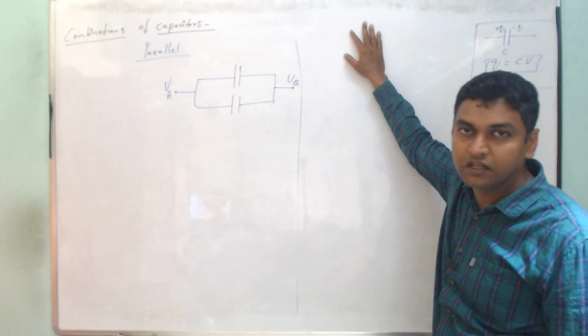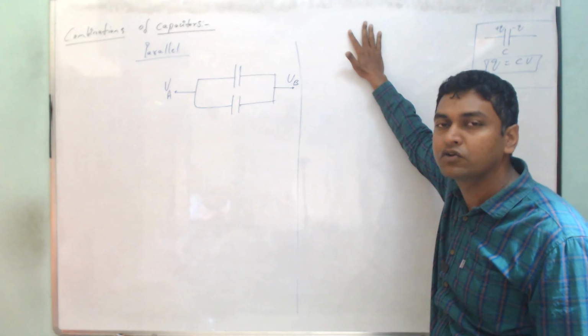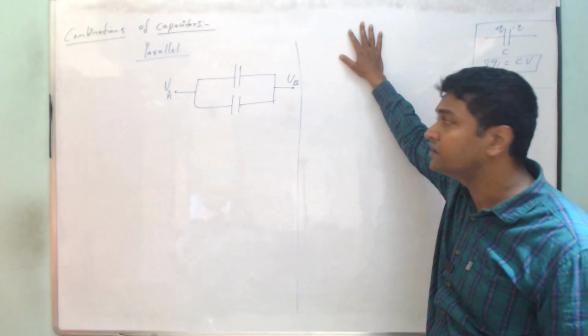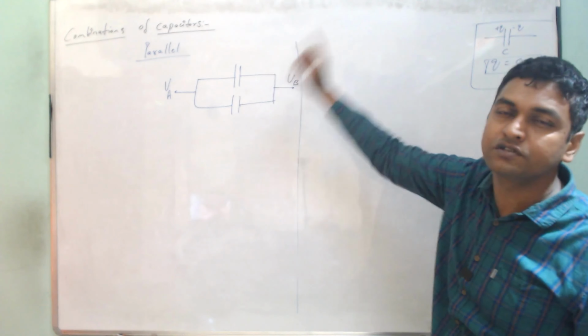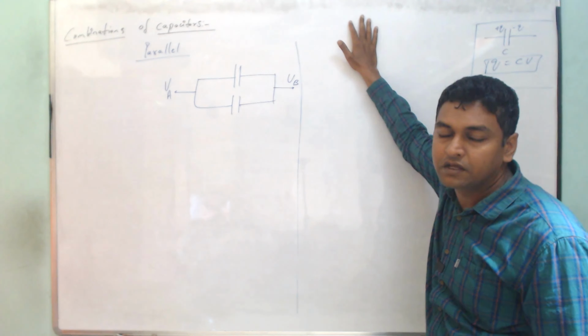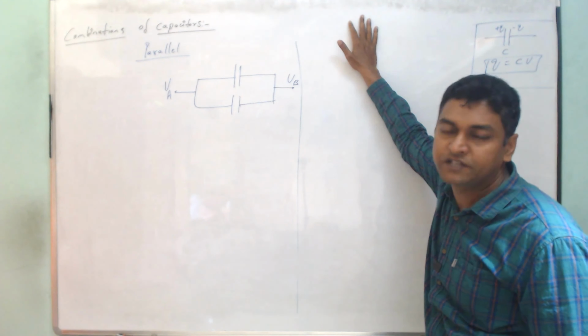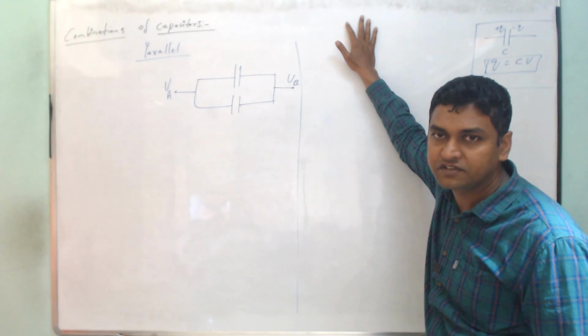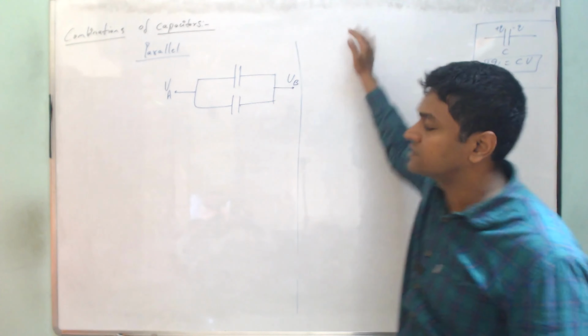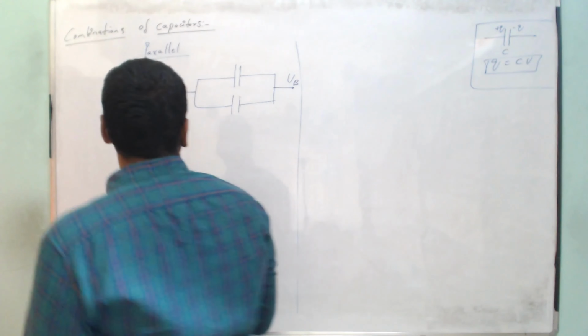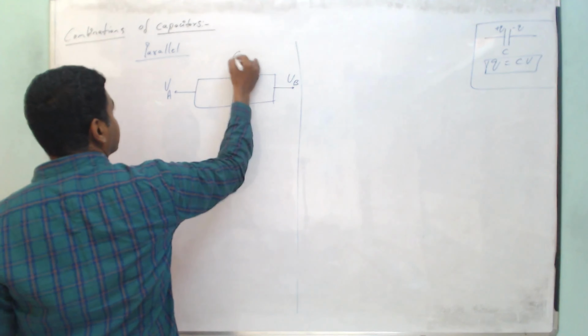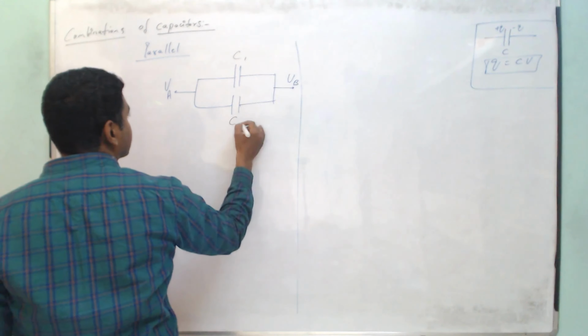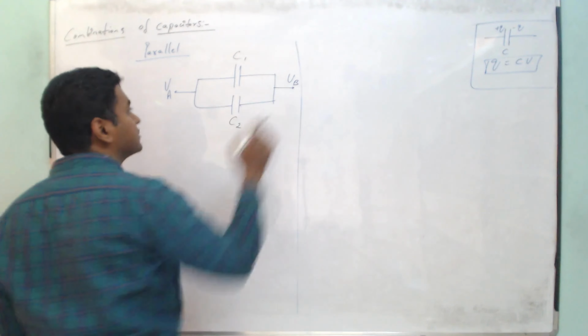In words, how do I define a parallel combination? When the points across the plates of these capacitors have the same potential difference. Capacitor 1 has potential difference VA minus VB, and capacitor 2 has potential difference VA minus VB.